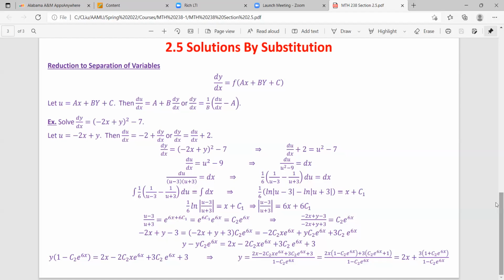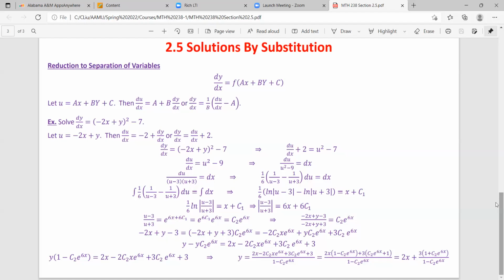Remember, we have to solve for y, so we still need to plug y back in here. So then you do a little more algebra, multiplying negative 2x plus y plus 3 on both sides to get negative 2x plus y minus 3 equals (negative 2x plus y plus 3) times C2 times e to the 6x.